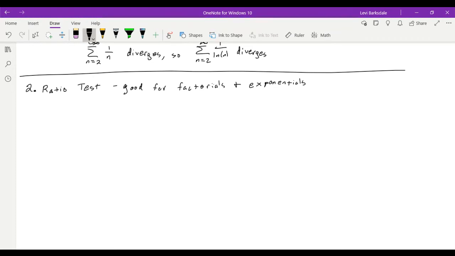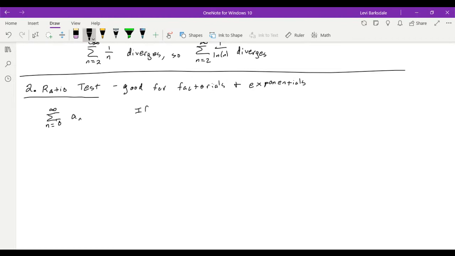Okay, so what is the ratio test? Answer first. So let's say we have a series, and it's the sum of all terms in some sequence a sub n.